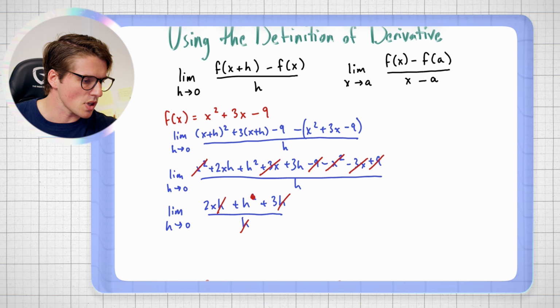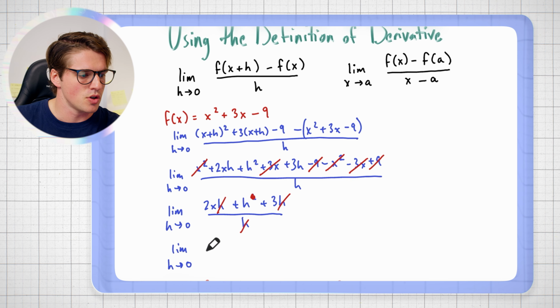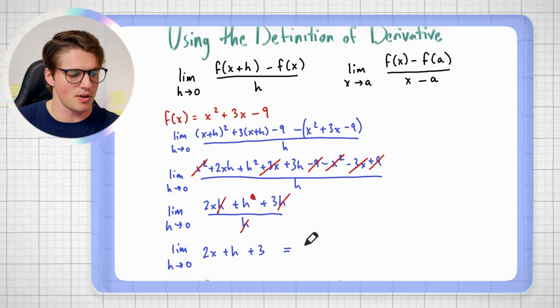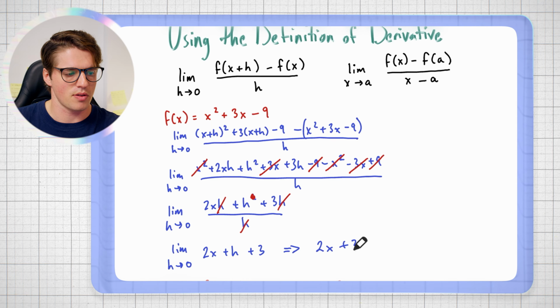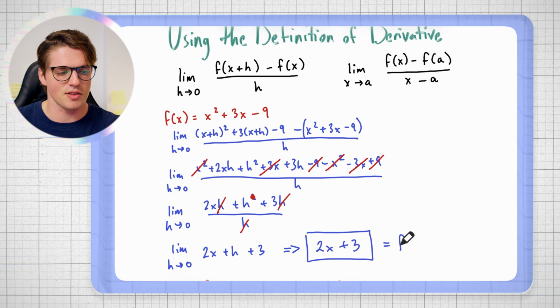Okay, so finally, the limit as h goes to 0 of 2x plus h plus 3. We can just plug in h now, and this limit would be 2x plus 3. This derivative would be 2x plus 3, and for notation's sake, that is equal to f prime of x.